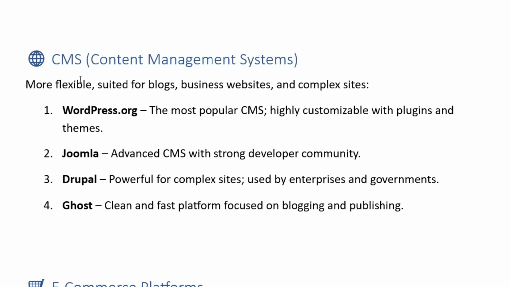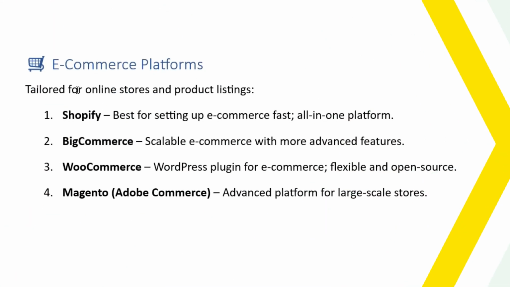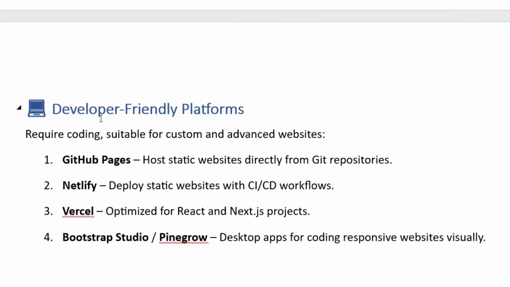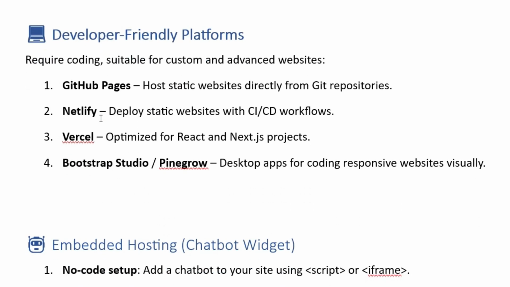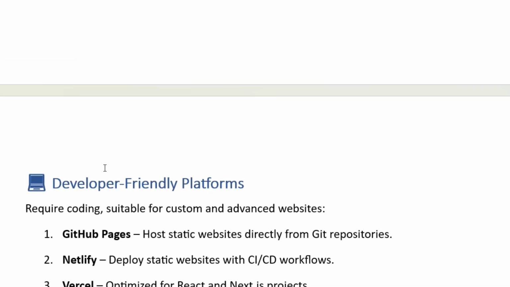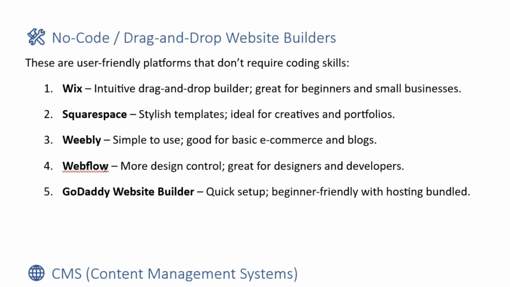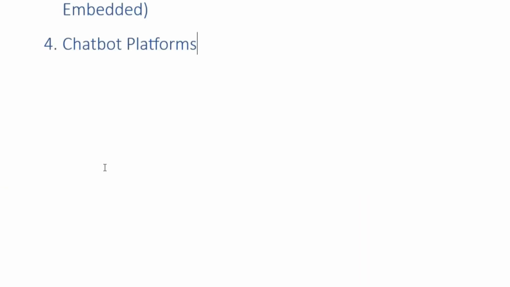The third one will be the e-commerce platforms: Shopify, BigCommerce, WooCommerce and Adobe Commerce. And developer-friendly platforms are Netlify, Vercel and Bootstrap Studio. By using any one of these, you can create the website.